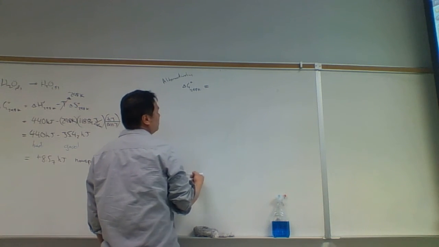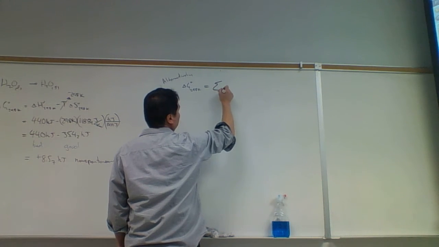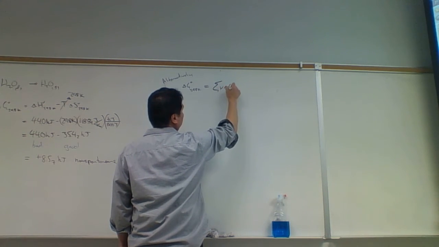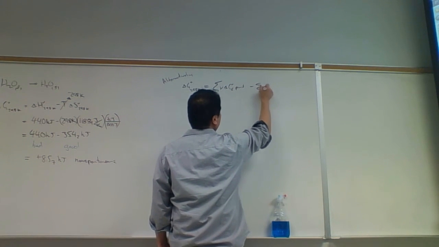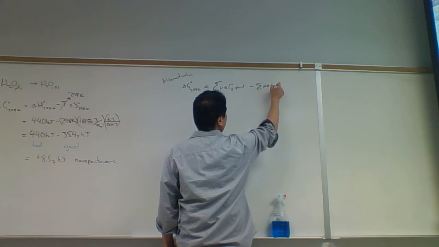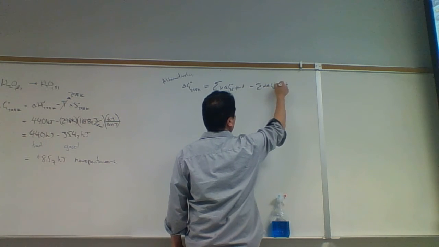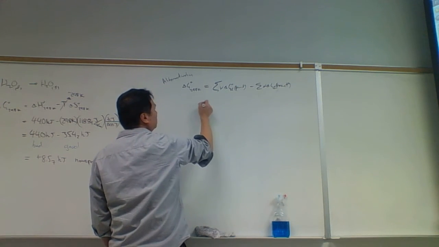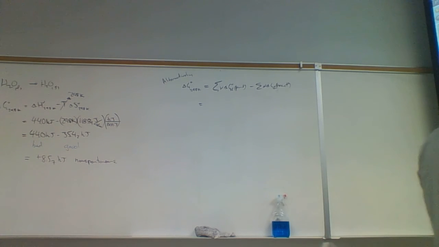And so this is going to equal the sum of the delta G's of formation of the products minus the sum of the delta G's of formation of the reactants. So we need to know how many moles, because the more moles you form, the more energy it's going to take, or the more energy it's going to release. And so we go to the product. The product of H2O gas, delta G of formation is minus 228.6.